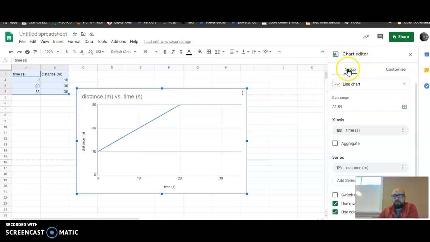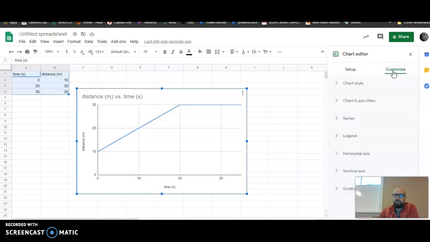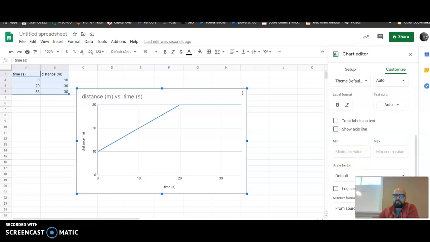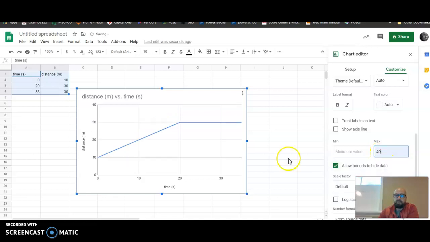If you go to the chart editor, which pops up when you make this, and go to Customize, what we want to customize is our y-axis, our vertical axis. I click on vertical axis, scroll down, and there's a maximum value. I can just put 40 in, and it makes my graph a little nicer to read.